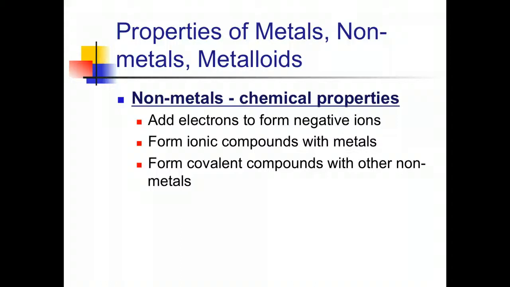Nonmetals form ionic compounds with metals, same thing, and they also have this special unique ability that metals don't have: they form what are called covalent compounds with other nonmetals. We'll get into what it means to be covalent a few units from now, before we get to bonding. Video time.